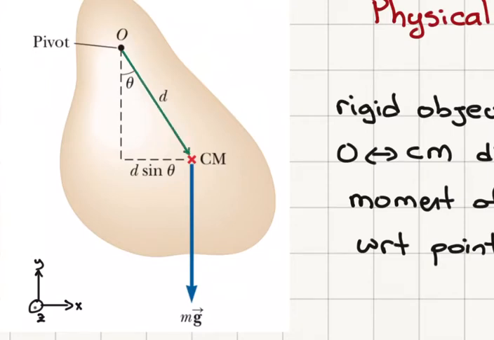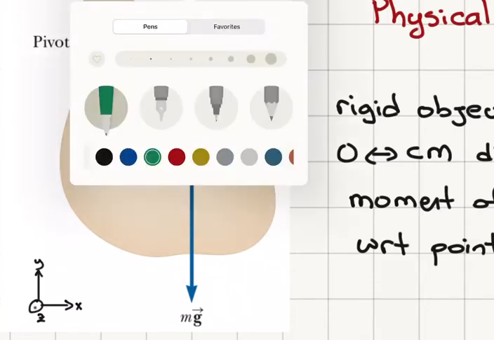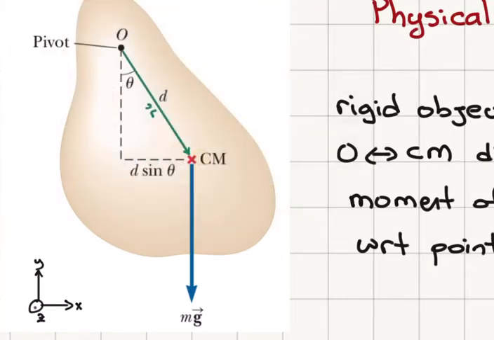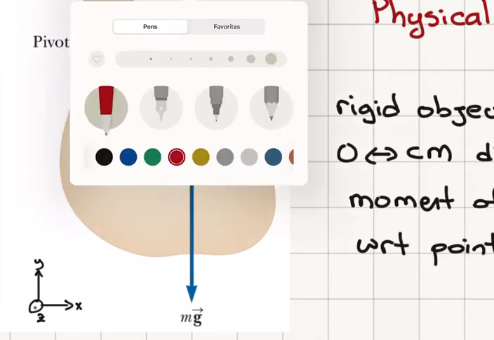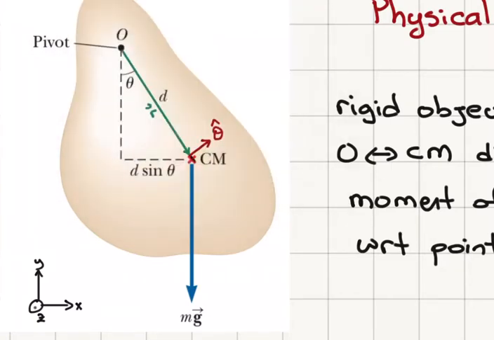So I have to consider, in order to calculate the torque, r cross F. So if I draw a vector from the pivot point to the point of application of the force, this will be my r vector. And then I find that in this setup I have the angle increasing in this direction. So this is my theta hat direction, and this is my r hat direction. So this is the direction in which the angle is increasing.